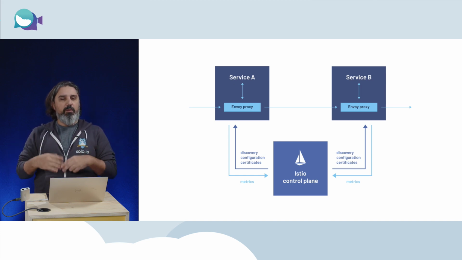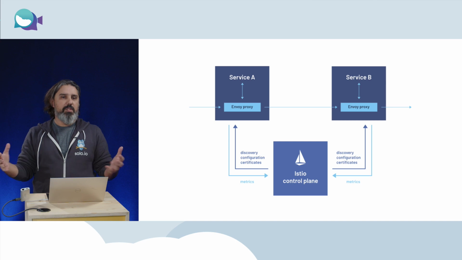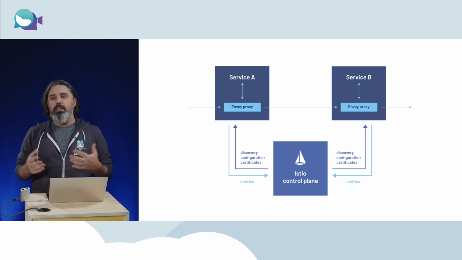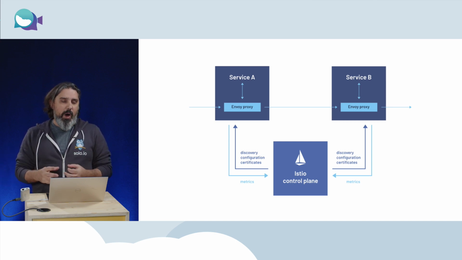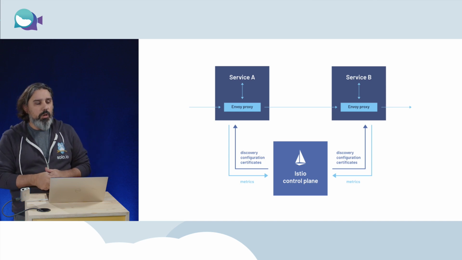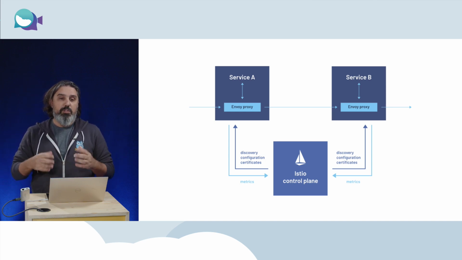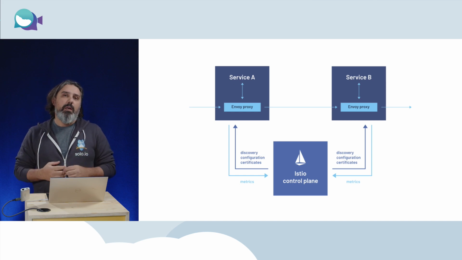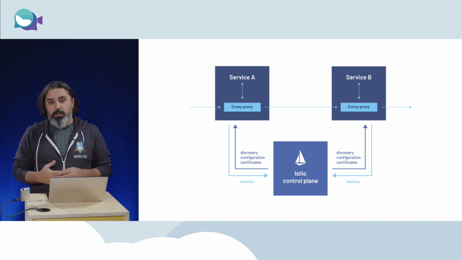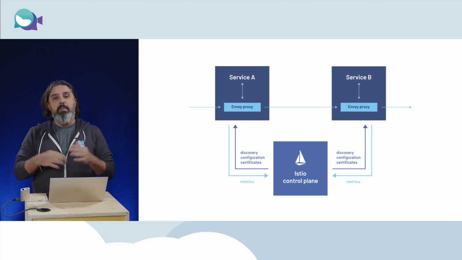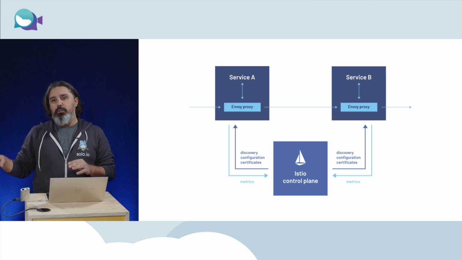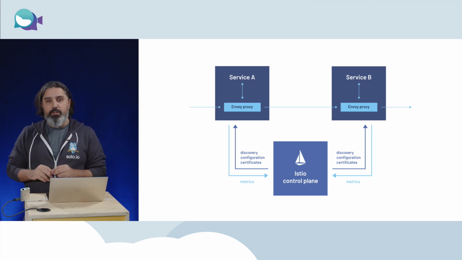The Istio control plane used to be a distributed system, but now it's been consolidated into one binary, also written in Go, like many other things in Kubernetes. Istiod is the process running in your cluster that manages the configuration of the proxies that live next to your application.